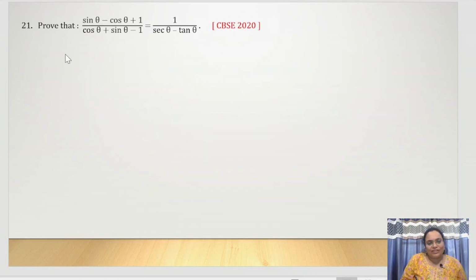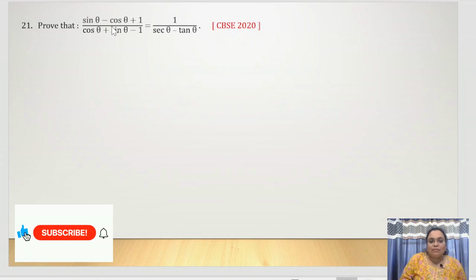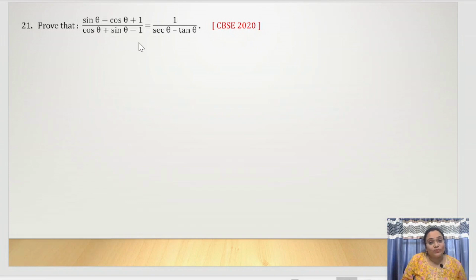Let us solve the next question. Prove that (sin theta minus cos theta plus 1) divided by (cos theta plus sin theta minus 1) is equal to 1 by (secant theta minus tan theta). So we need to prove LHS is equal to RHS. So let us take the LHS first.